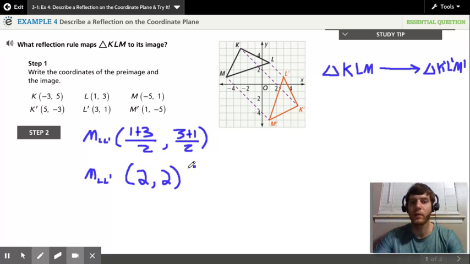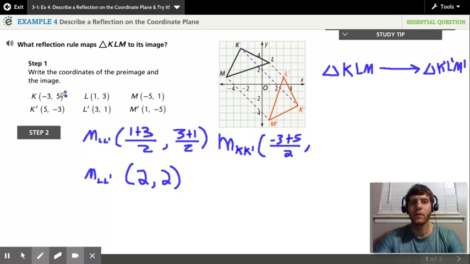Now we need to find another point on our line of reflection. So let's just use K and K prime. If we find the midpoint of K and K prime, x1 plus x2 is negative 3 plus 5 over 2.